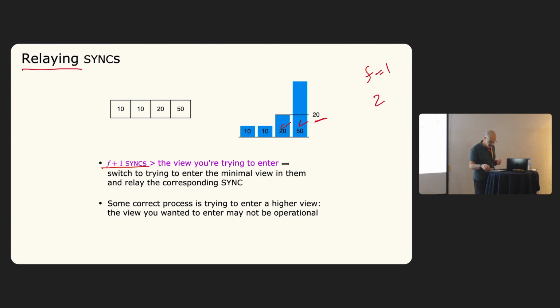Okay. So essentially, if you think how we can modify the broadcast synchronizer, this is what we do. We have this array, where we have a condition for f+1 matching, and we replace this condition with f+1's highest in the array.